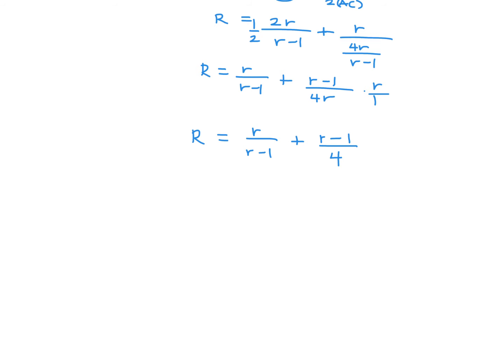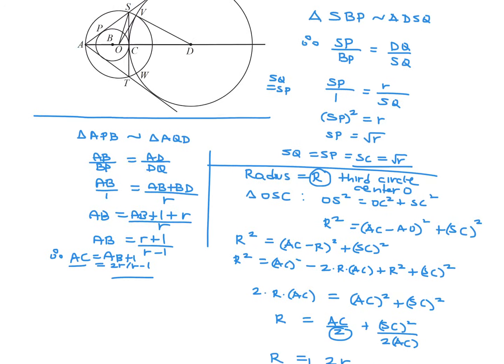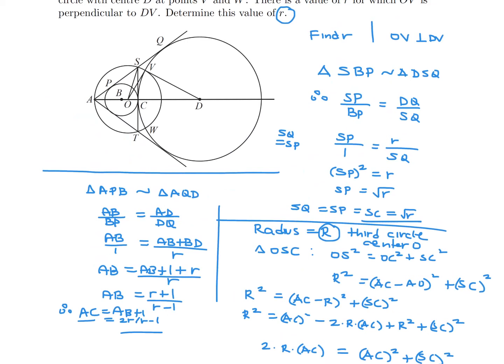That's pretty good progress. And then now we have to look at one final triangle, and that one final triangle is triangle OVD. So let's go back to the diagram. OVD, that guy right there. You can see right there, OVD, that one.